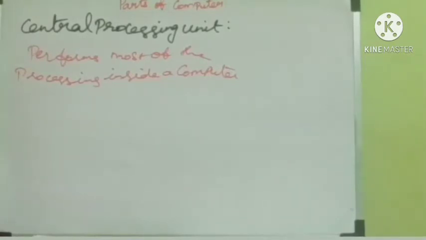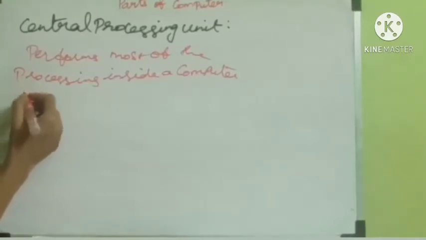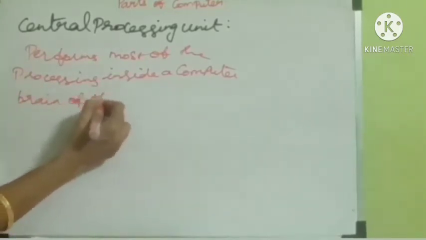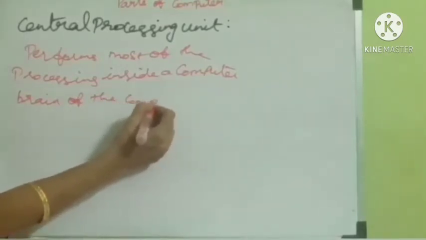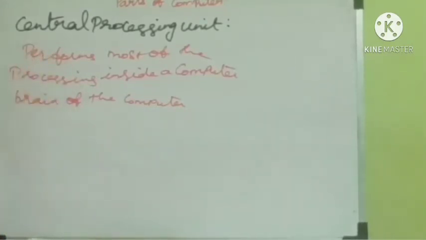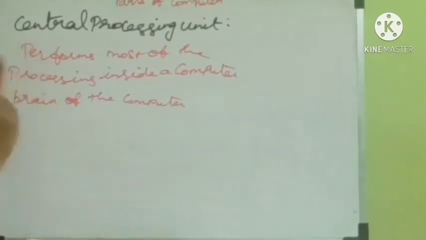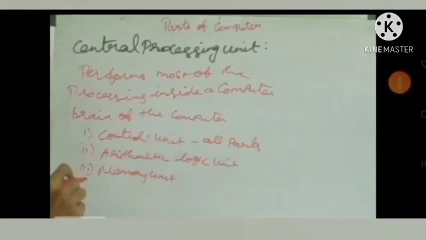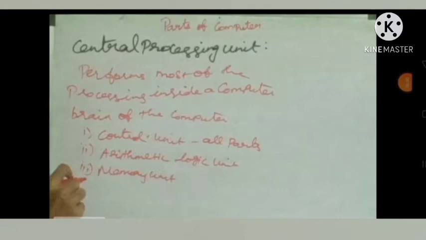So we can call this CPU as the brain of the computer. Brain of the computer. That, as already we said, it is processing the data. It has three main parts. They are control unit, arithmetic logic unit and memory unit.